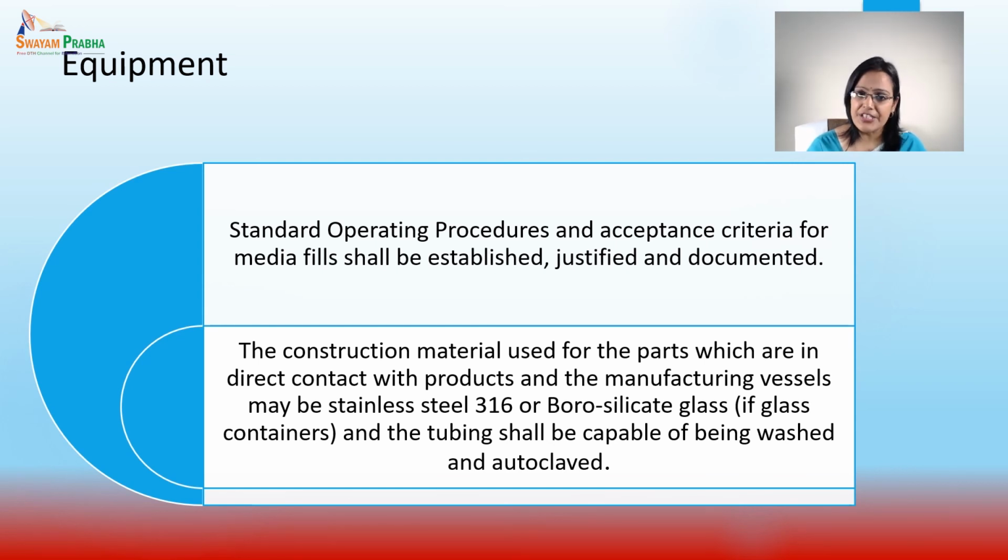The construction material used for the parts in direct contact with the product and the manufacturing vessel may be stainless steel, as I said, stainless steel 316, or borosilicate glass if it is a glass container, and the tubing shall be capable of being washed and autoclaved.